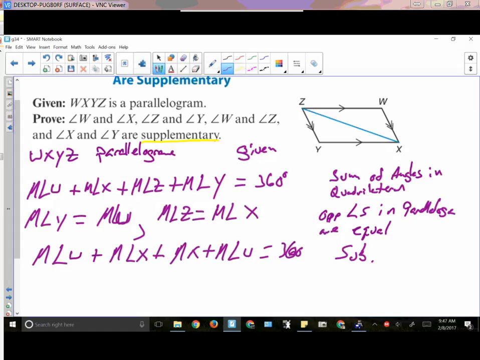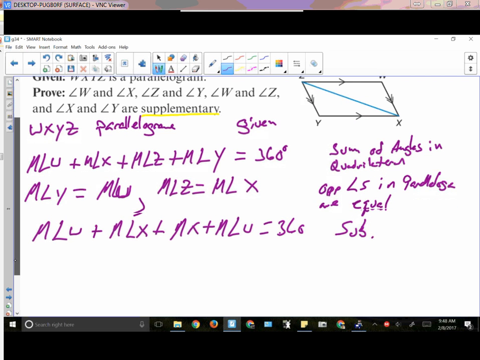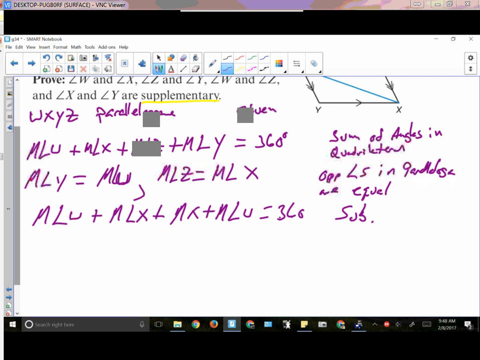Yes. And you're kind of going, well, what in blazes would that do for me, right? Well, what does supplementary add up to? And 360 is two 180s, right? If I could kind of get this thing in half, this is going to help. And this is where the half comes in.